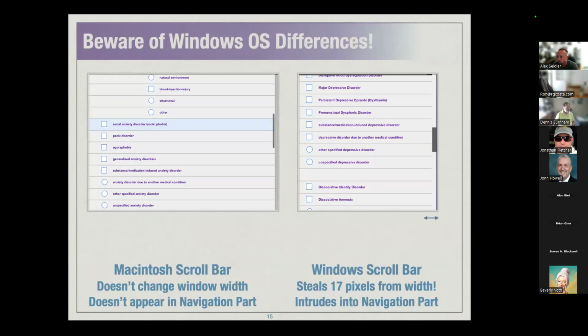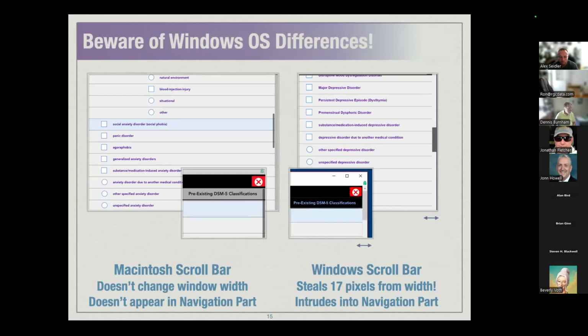Now, there are some differences between Macintosh and Windows that are important. When you're working with a Windows layout and a scroll bar in something like a list view, it will steal 17 pixels from the width, and it also intrudes into the navigation part that may be above it.